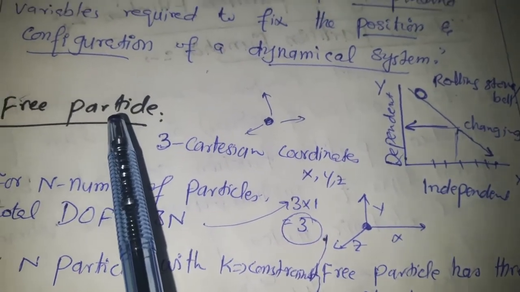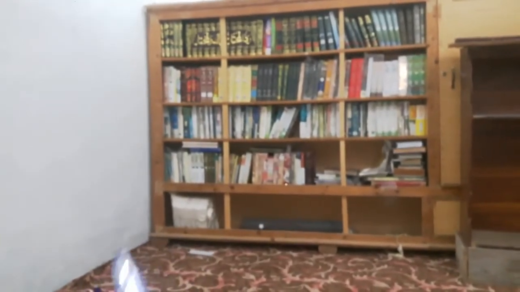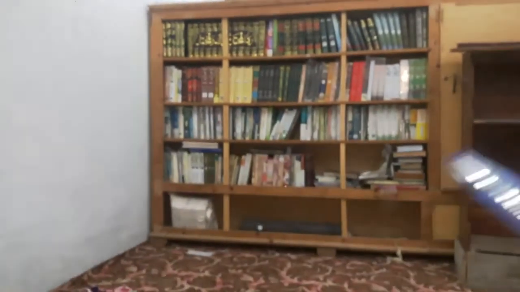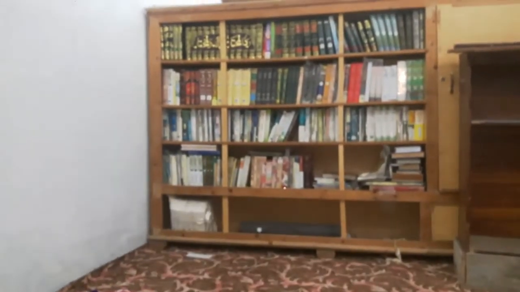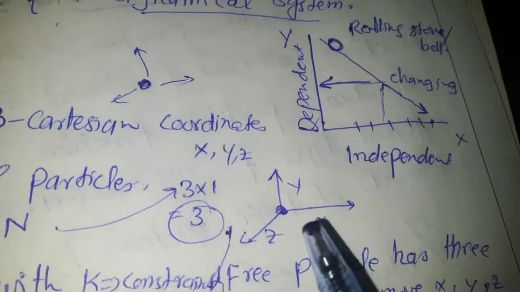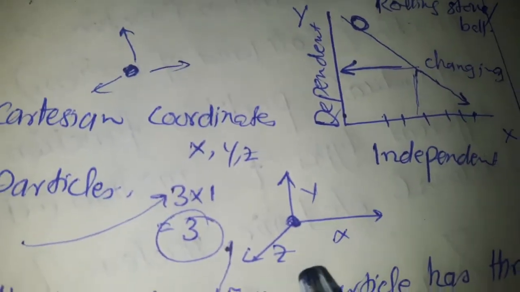Now going to a classical example of a free particle, such as a mosquito coming into this room. We have the x-axis, this is the y-axis, and that is the z-axis. So it has all possibilities for movement: it can go along the x-axis, along the y-axis, or along the z-axis, and that is represented by the three Cartesian coordinates x, y, z.